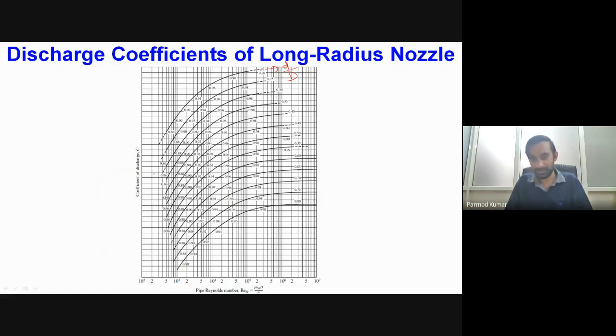And as I told you earlier in the case of the Venturi meter, if we don't want to take the coefficient of discharge from these charts, you can test your device against a known standard, and from there also you can obtain the value of the coefficient of discharge.